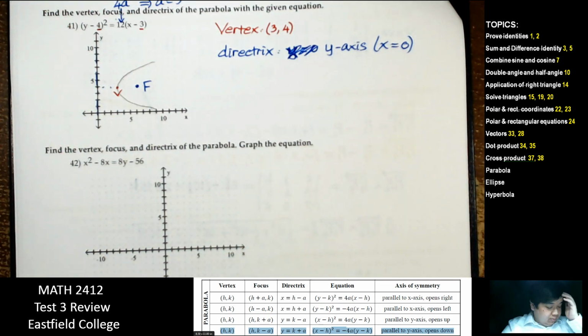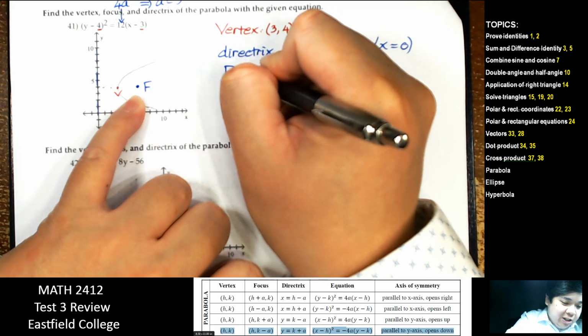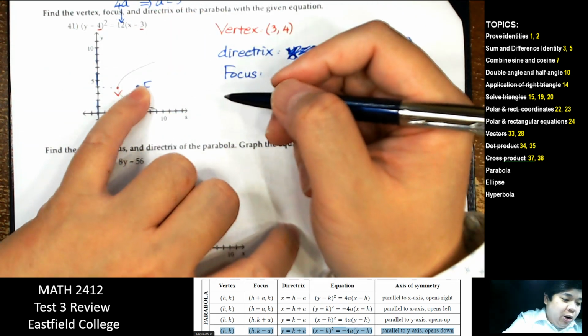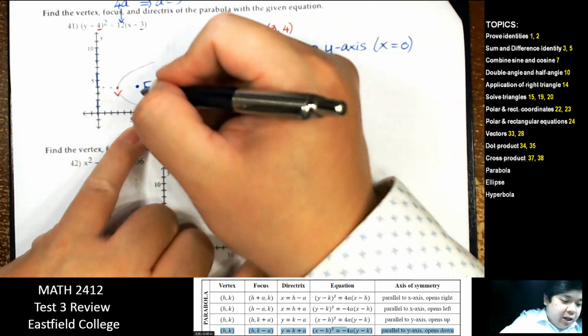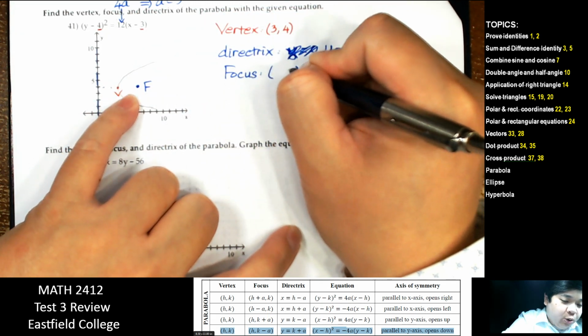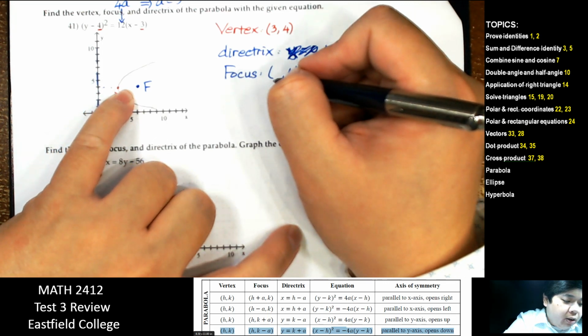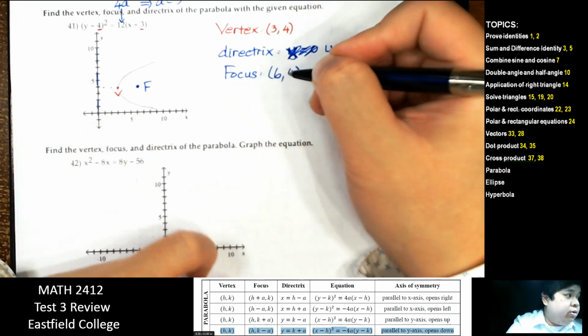And then the focus, where the graph goes around it: y is still equal to 4, and x is 3, 4, 5, 6, so 6 and 4.